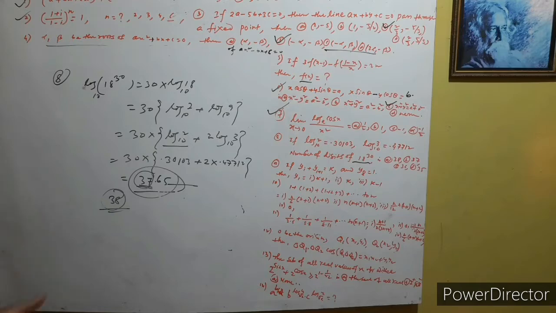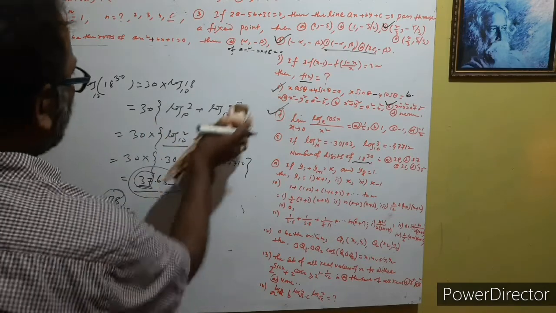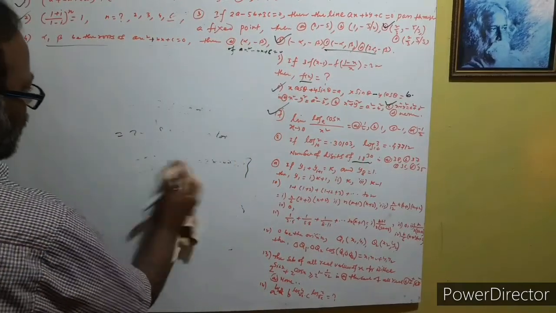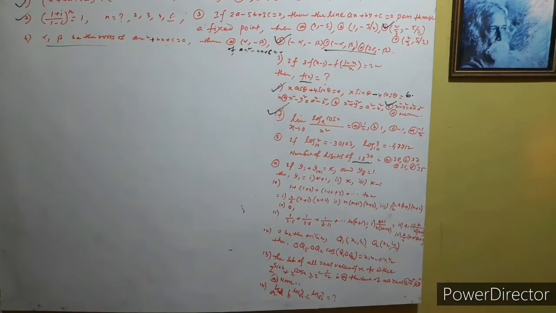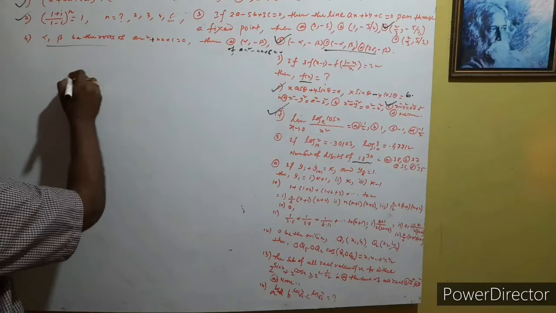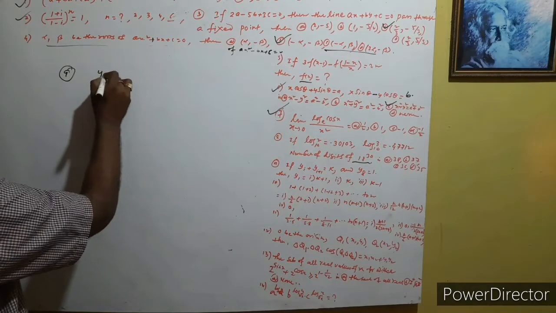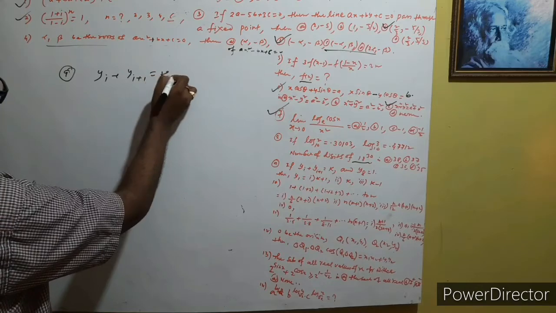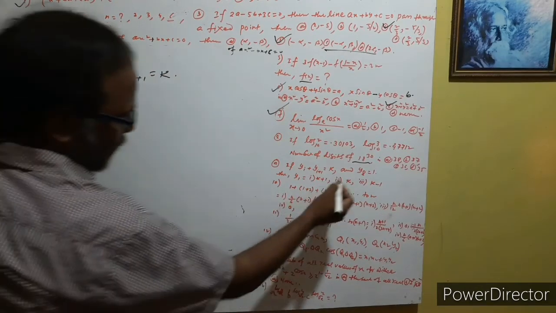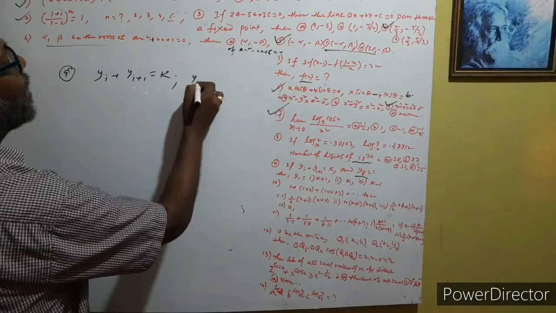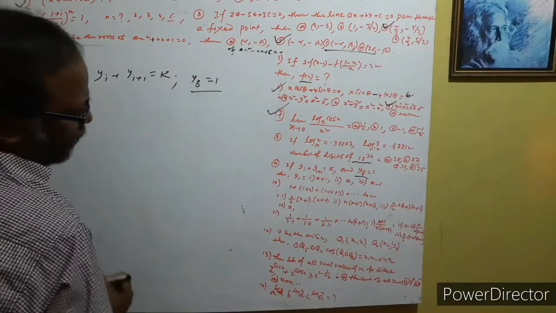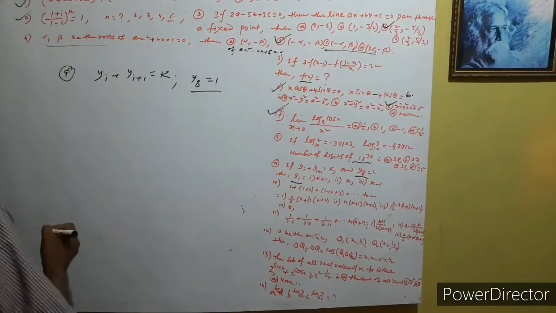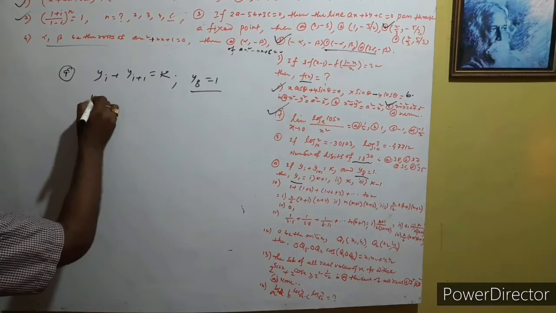Now see question number 9 here. y suffix i plus y suffix i plus 1 is equal to k, and also given that y suffix 8 is equal to 1. Now we have to find y1.